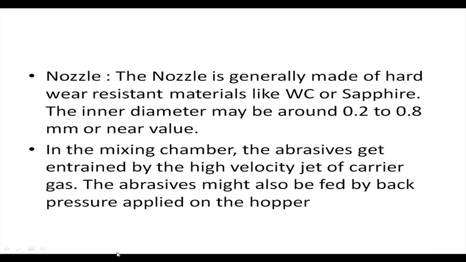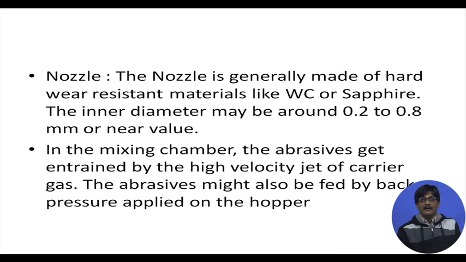The nozzle. The nozzle is one of the most important parts of the equipment, and it is generally made of very hard, wear resistant materials like tungsten carbide or sapphire. Why so?